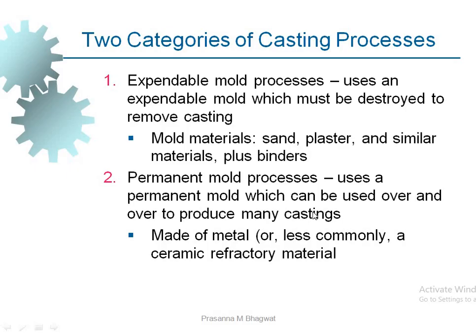And the permanent mold process means you can use that particular mold over and over again for many castings. These are generally made of metals, because metals will last for a long time.